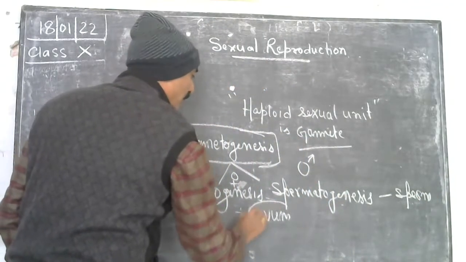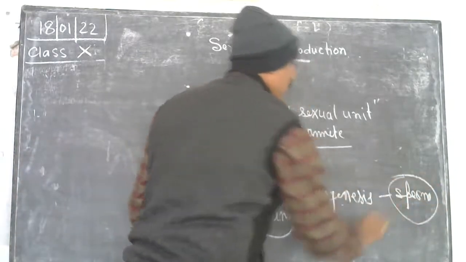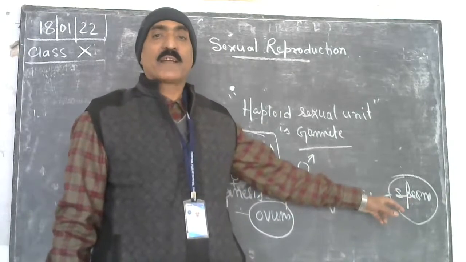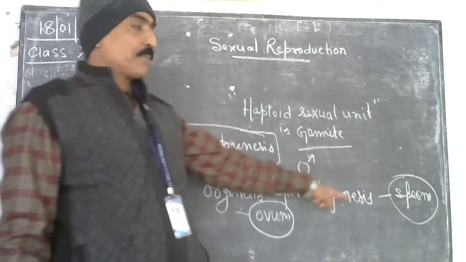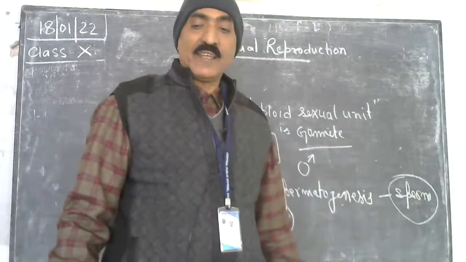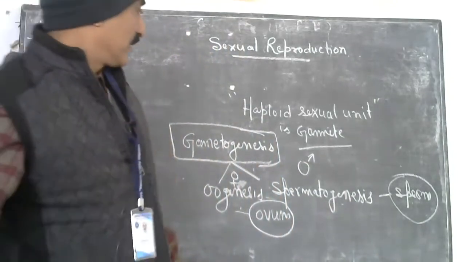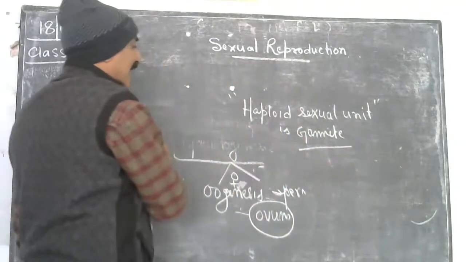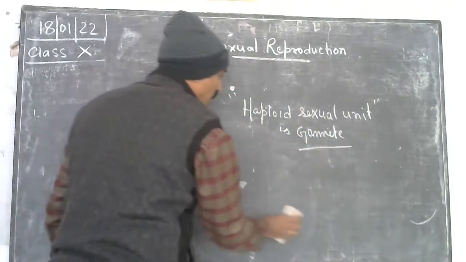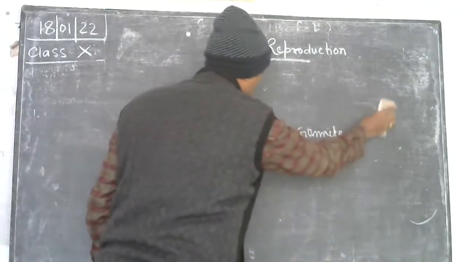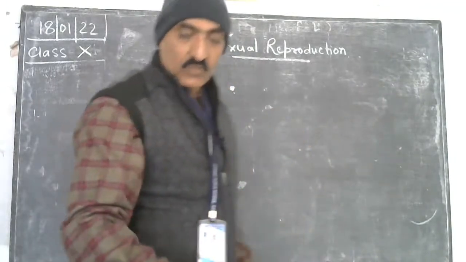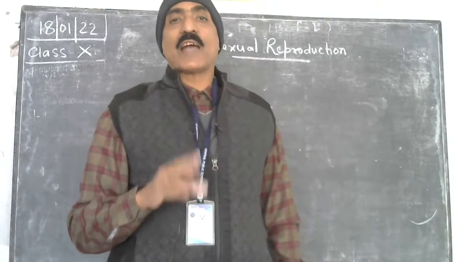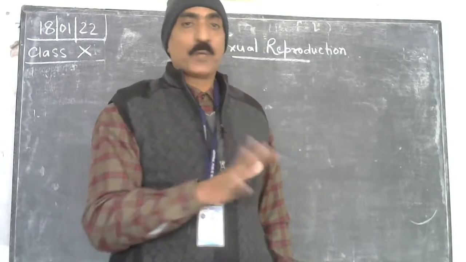So ovum is the female gamete, while sperm is considered the male gamete. Clear? So the process by which gametes are produced is called gametogenesis. And gametes are the haploid sexual unit of either male or female.